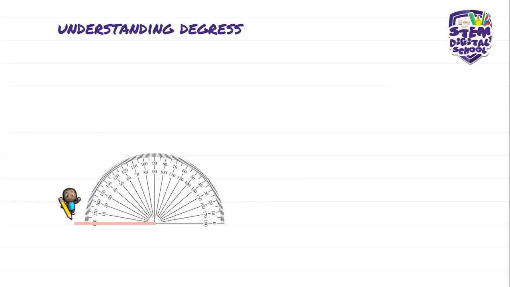It's an easy way for us to measure an angle. Okay. So for example, if we want our artist to turn by 30 degrees, we can just draw a line, and then our artist will draw a line at 30 degrees.